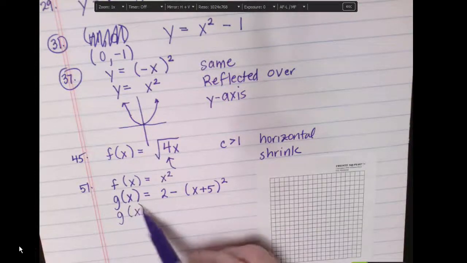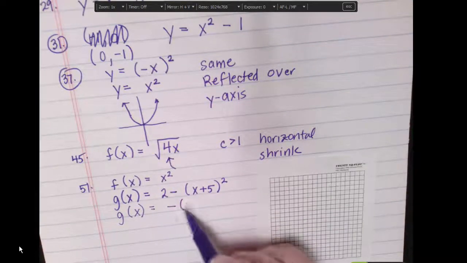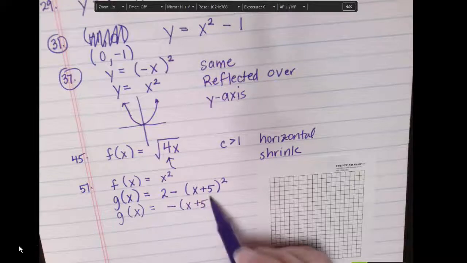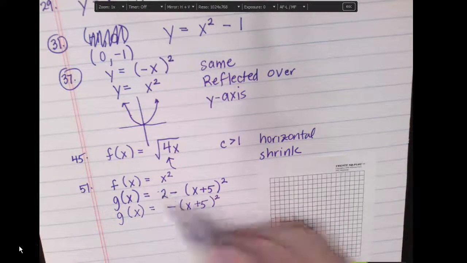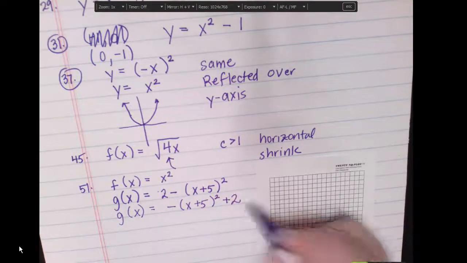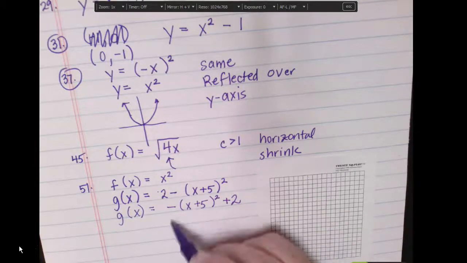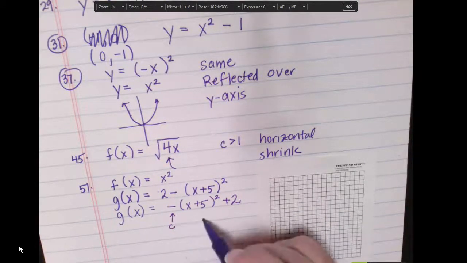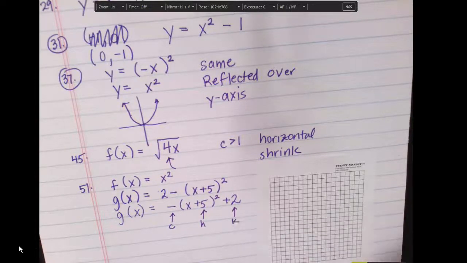So we're going to have our a value in the front, which is just this negative sign right here. And then this 2 is actually a positive 2, so the only way I could switch it around is by bringing a plus with it. So now we see that we have our a value, our h value, and our k value.